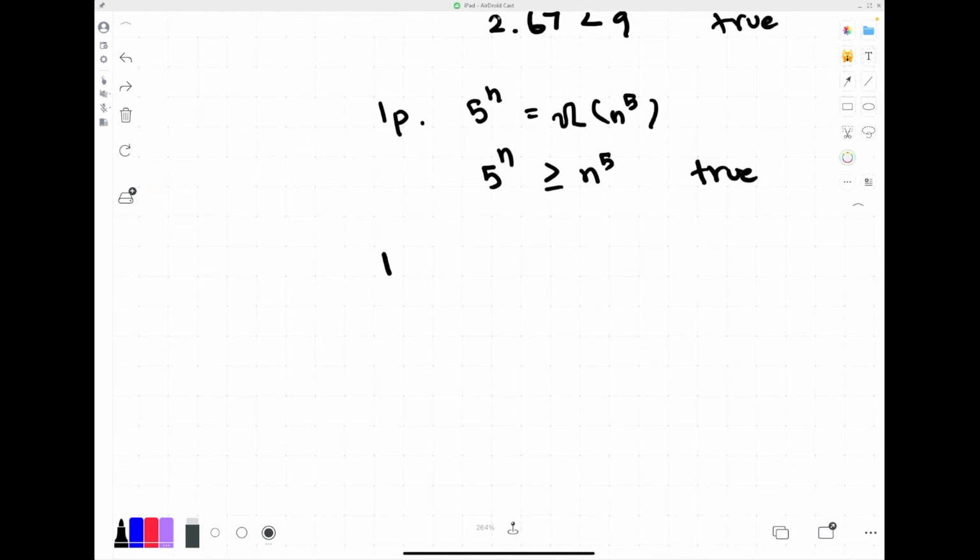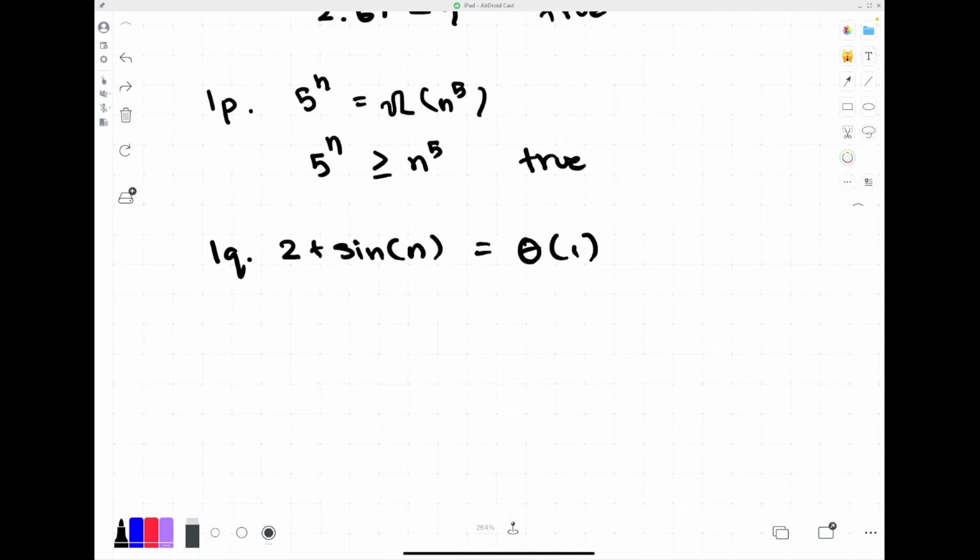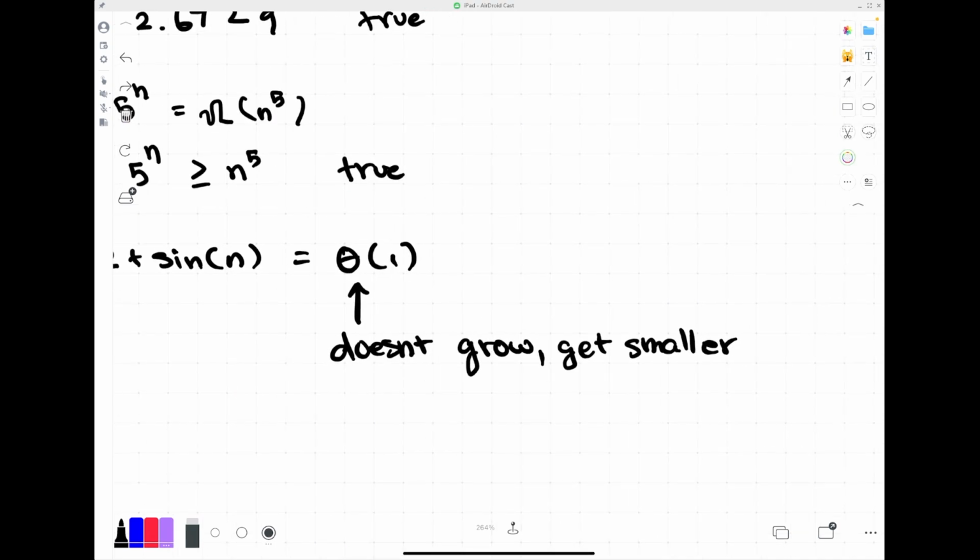So then we have 1q. So 2 plus sine n is equal to theta 1. So whenever we encounter theta of 1, this just means that we're looking for something that doesn't grow or get smaller. So let me actually pull up Desmos and show you a visual example.